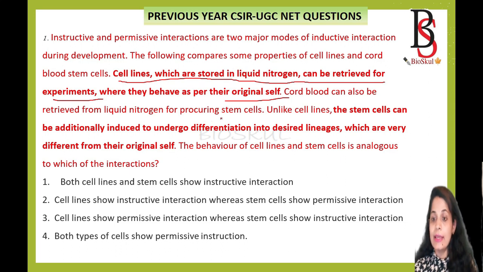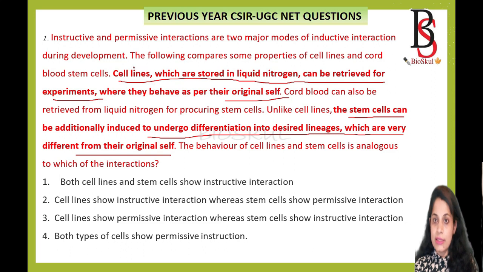Unlike cell lines, stem cells can be additionally induced to undergo differentiation into desired lineages, which are very different from their original cell. So the cell line expresses the original self, whereas the stem cell is different from the original self.